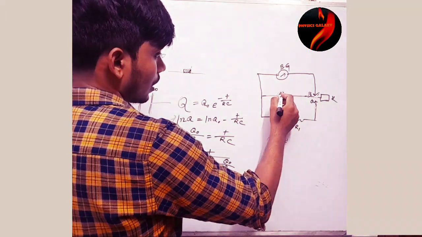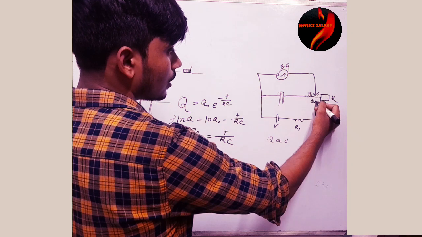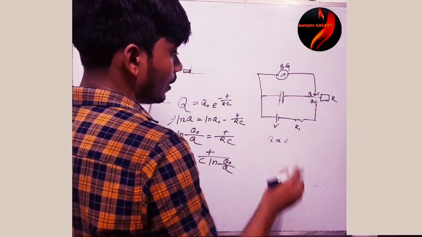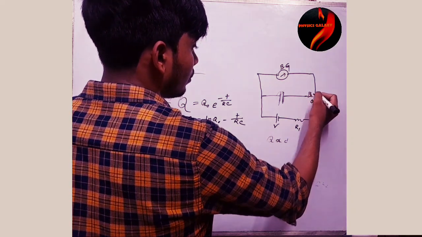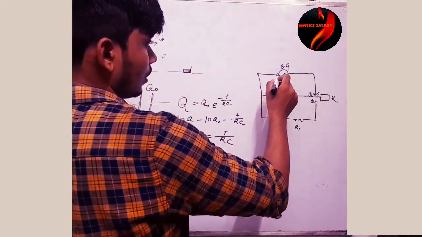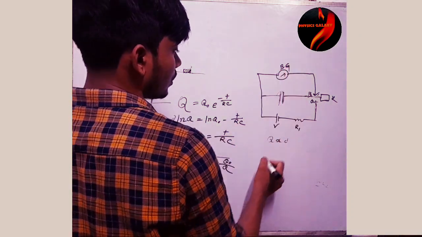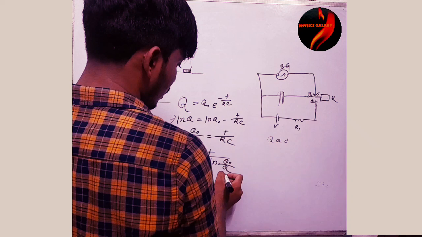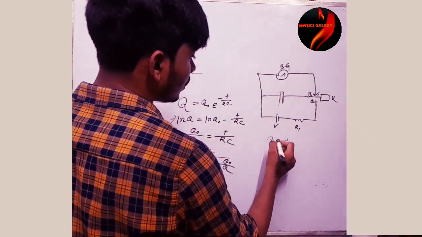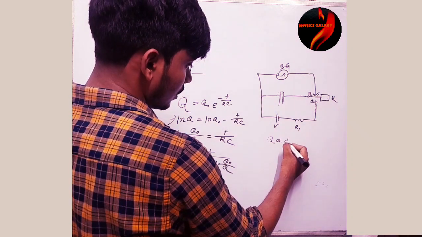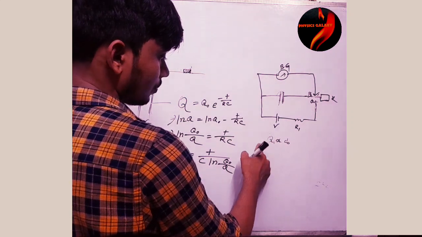Initially we charge this capacitor for 5 minutes by connecting this key at the terminal A, and then we connect the key at the point B, and the ballistic galvanometer shows some deflection. This is the initial deflection, D naught, which corresponds to the initial charge Q naught.